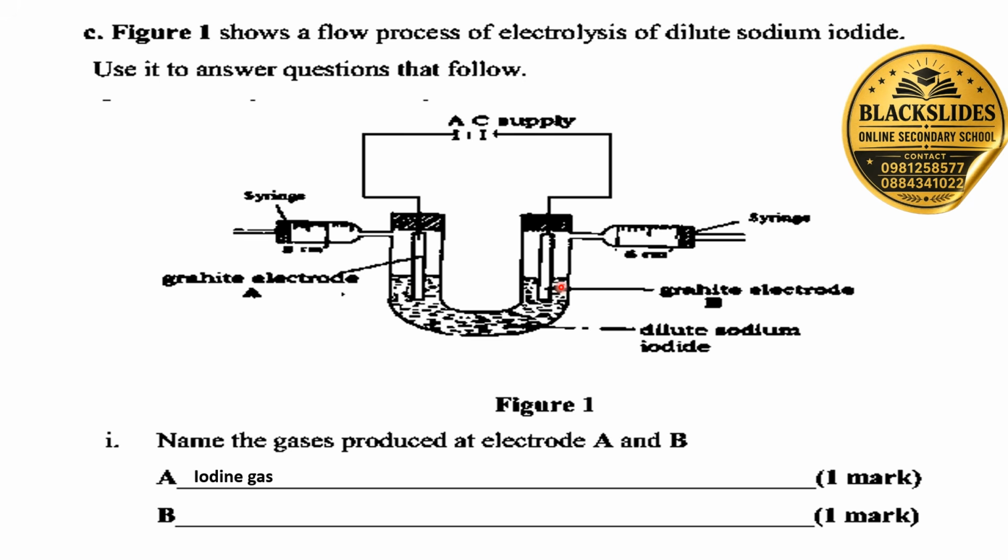While at the cathode, that's where reduction happens. So the positive hydrogen ions will be reduced to hydrogen gas. So at B, you have hydrogen gas being formed there.